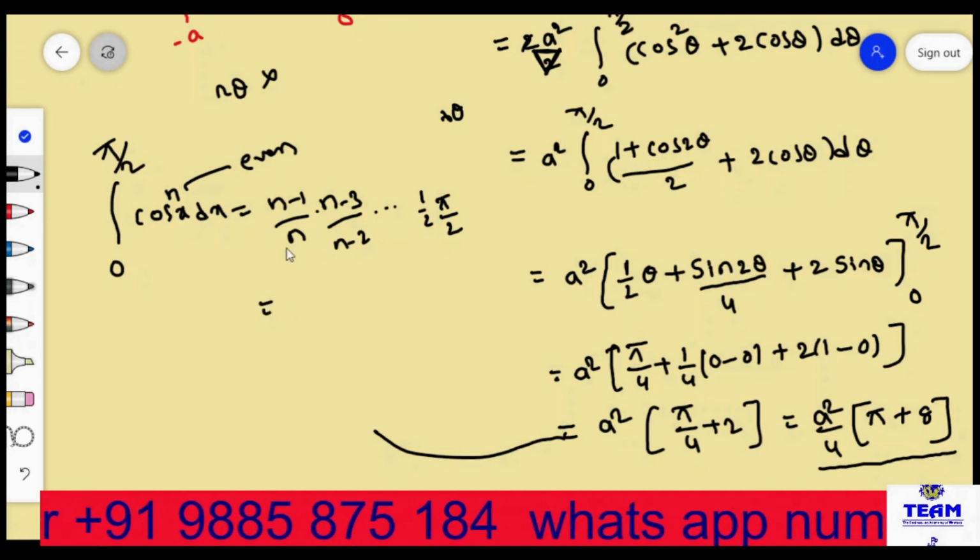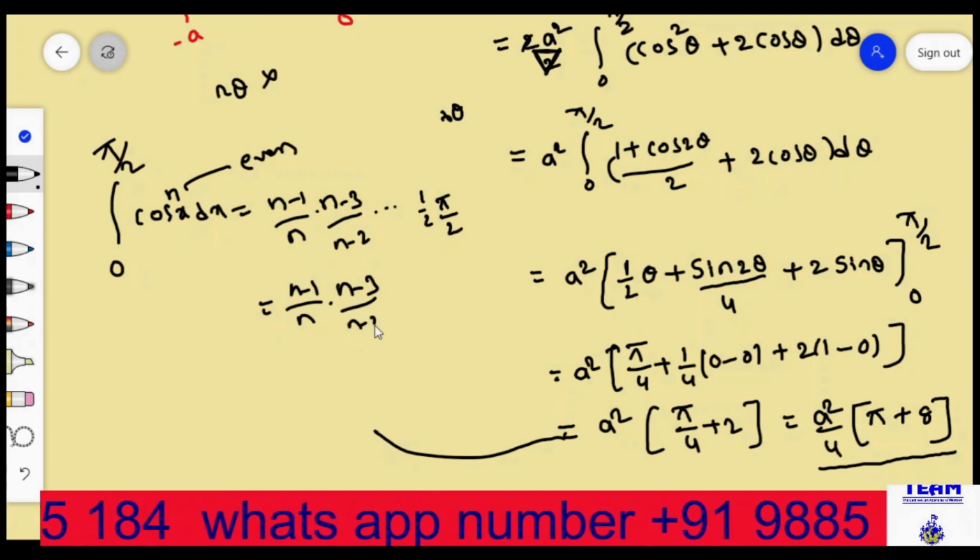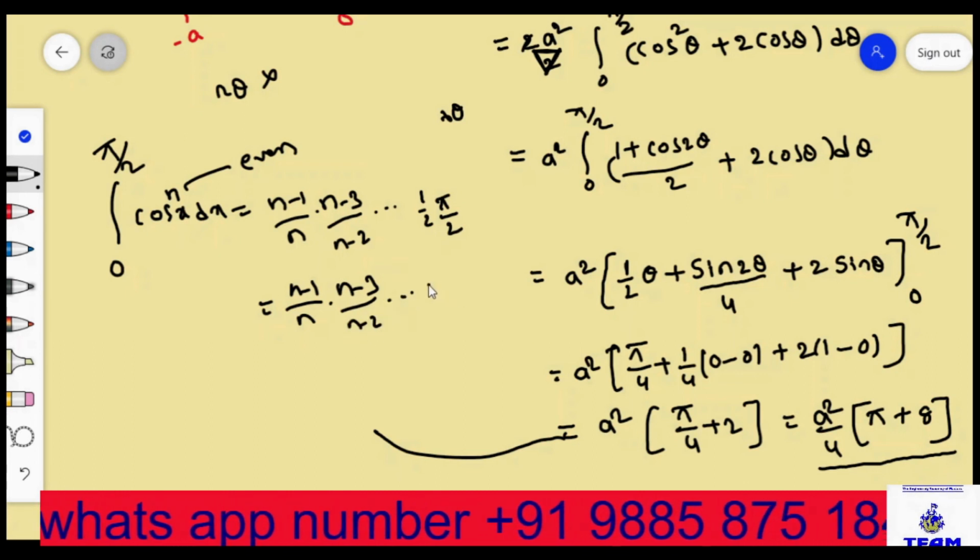If it is odd, it is as it is, n minus 1 by n into n minus 3 by n minus 2, but in the last case you will have 2 by 3.